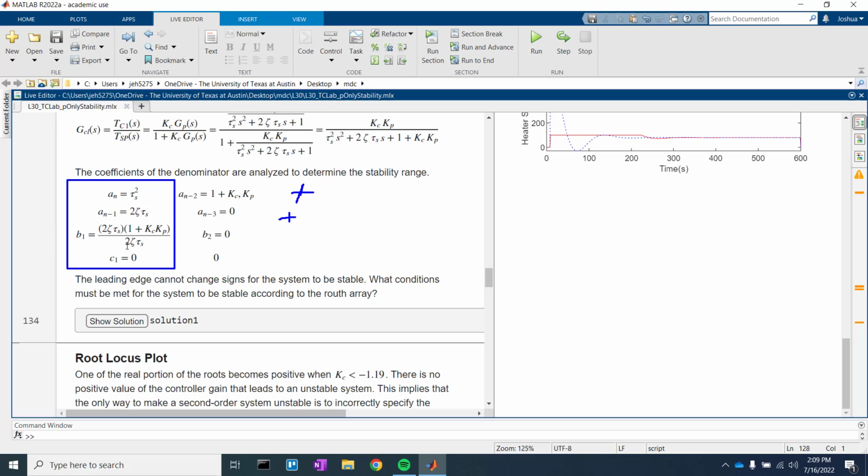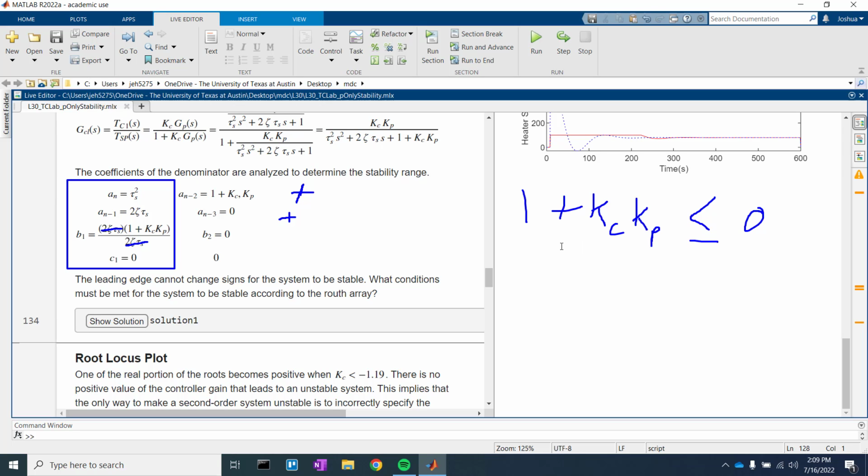As we look at this, we know this quantity and this quantity is going to be positive anyway. So that means that the only quantity that could be positive or negative is 1 plus Kc times Kp. And that has to be greater than 0. Or I should say, it could be greater than or equal to 0. If it's equal to 0, I think we're still fine because it hasn't changed signs.